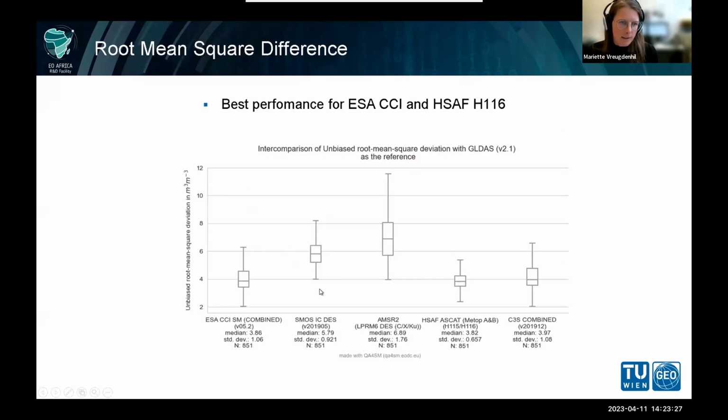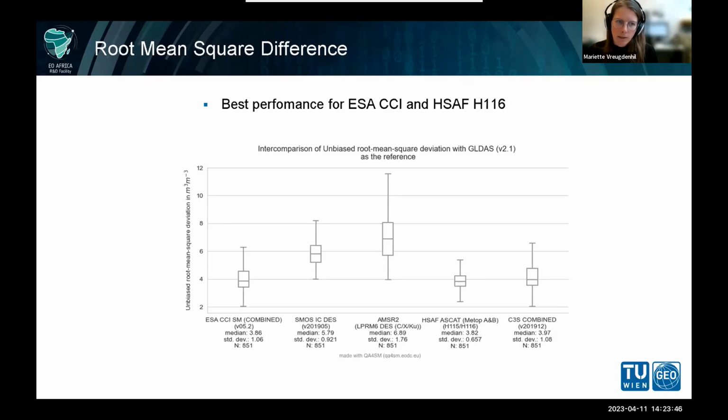If we compare this quantitatively as well, we can see that the CCI data set, the HSAF ASCAT data set and the C3S data set show the lowest root mean square deviation. So let's say these data sets are the closest to the reference data set.